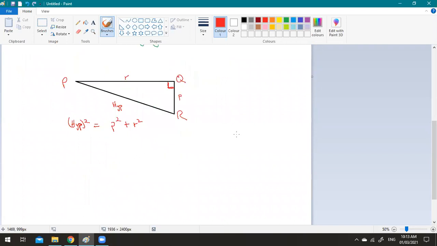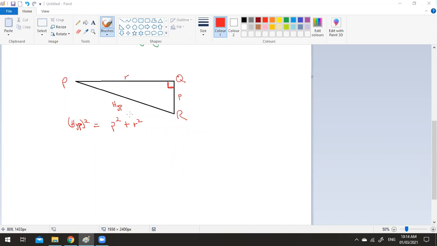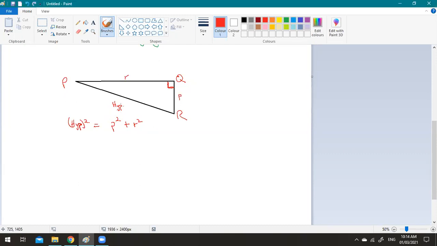R squared. Right. What's another way of writing this without writing hypotenuse? What letter could we have used instead of hypotenuse? What side does hypotenuse represent?